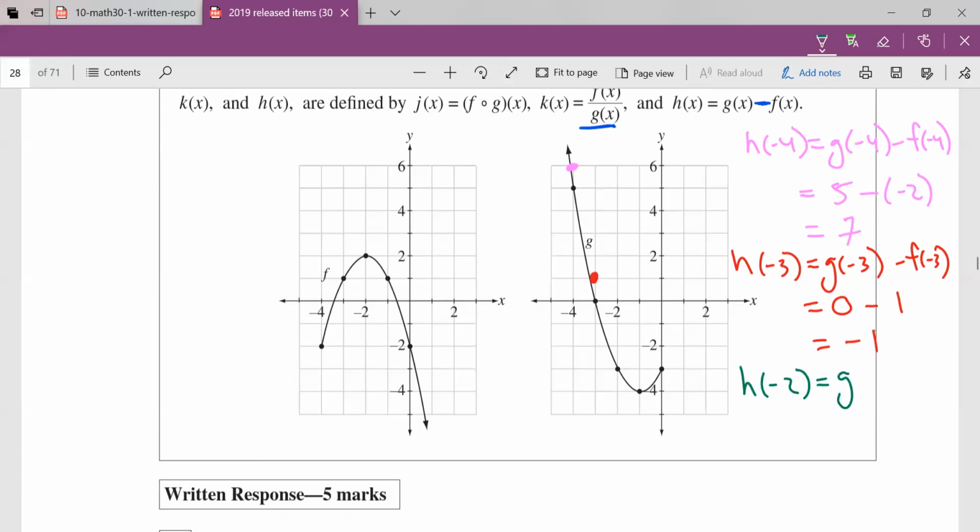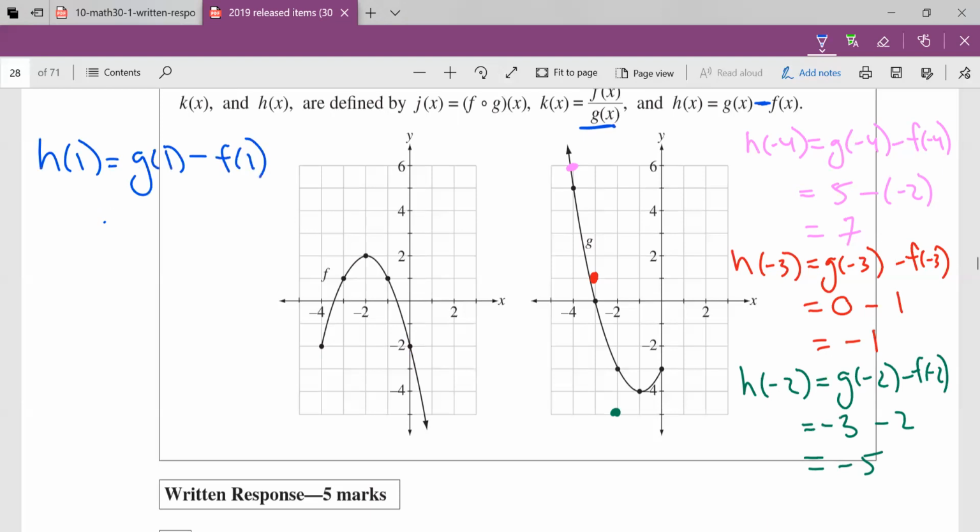H at -2 is g at -2 minus f at -2. That's -3 minus 2, -5. So we got the coordinate pair -2, -5. And continue with my rainbow over here. Let's go. They give us at 1. So h at -1 is equal to g at -1 minus f at -1.